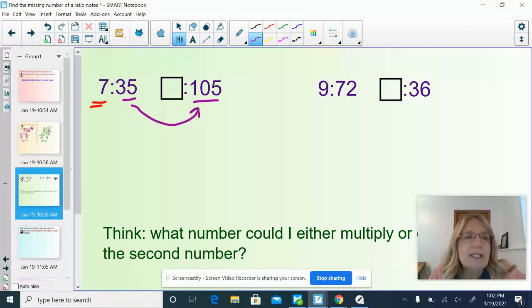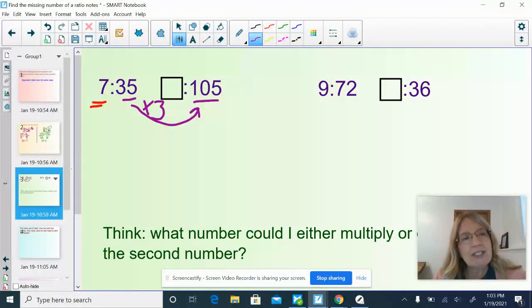For example, what did I do to the 35 to get 105? And guys, if that isn't obvious, I would do the larger number divided by the smaller number, and I got 3. So it must be that 35 times 3 will get me 105.